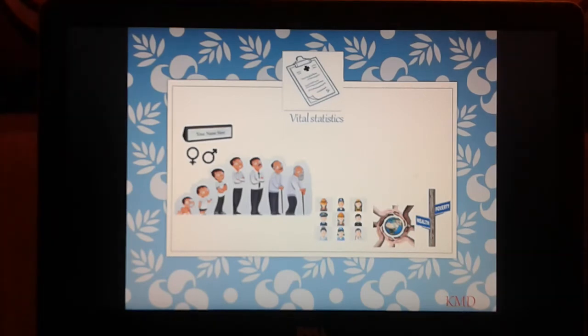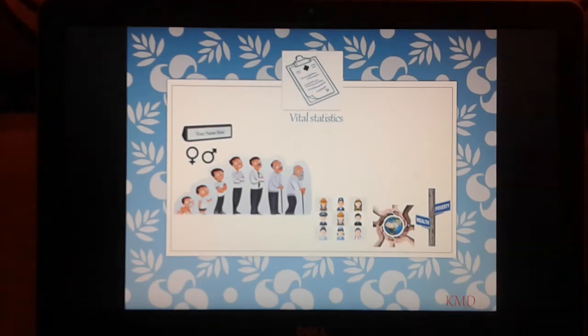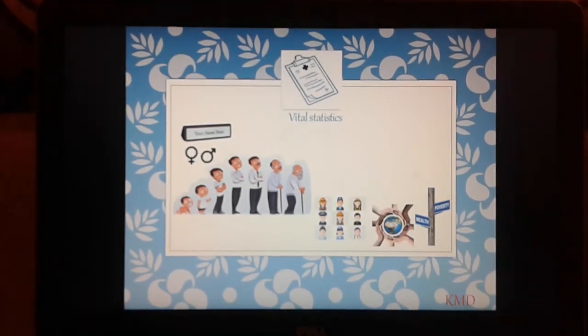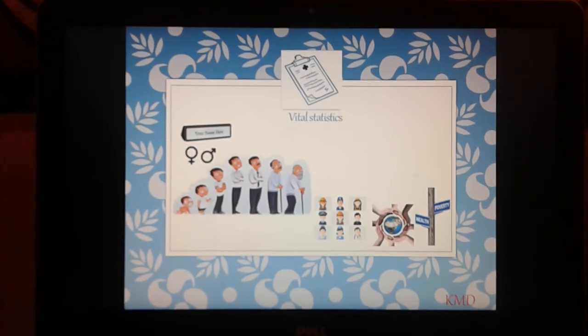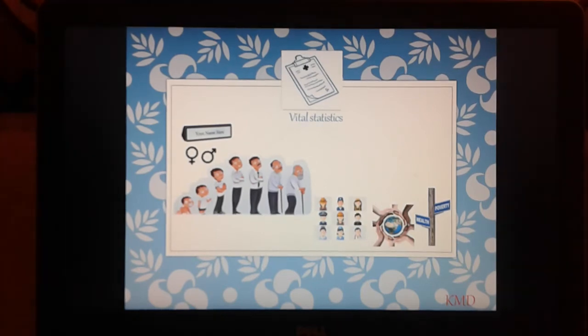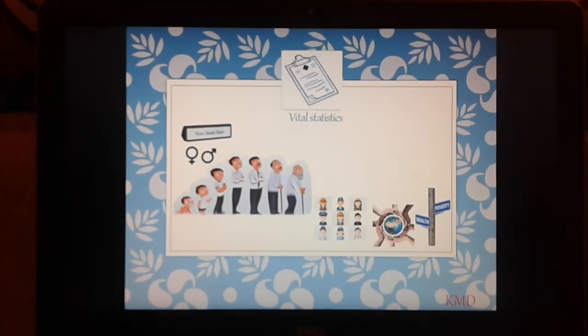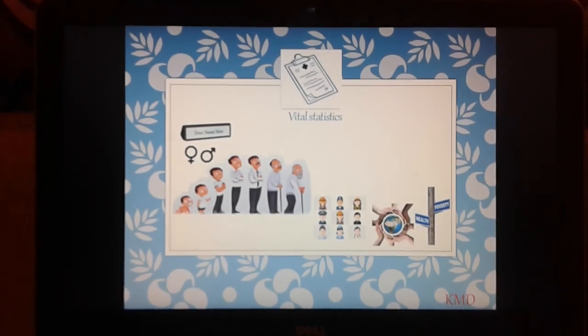The gender is important because there are certain gender specific diseases, as in there are certain diseases which are more prevalent in females than males, and there are certain diseases which are more prevalent in males than in females. And likewise, age is also very important in the treatment planning and the dose calculation, and likewise there are certain diseases which are very particular in certain age groups.